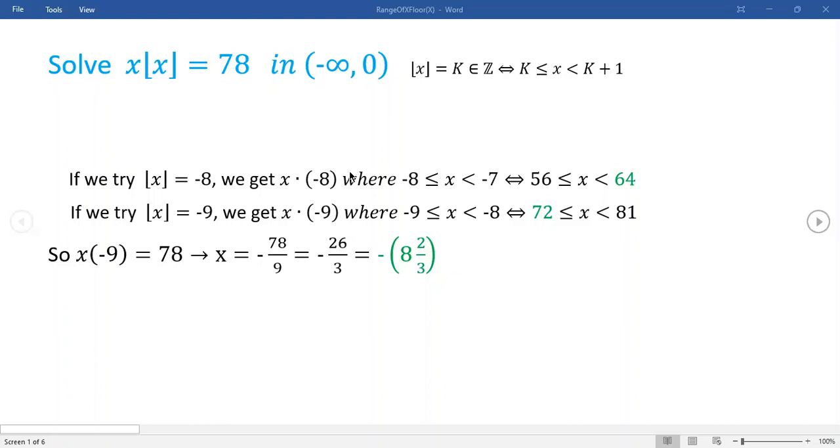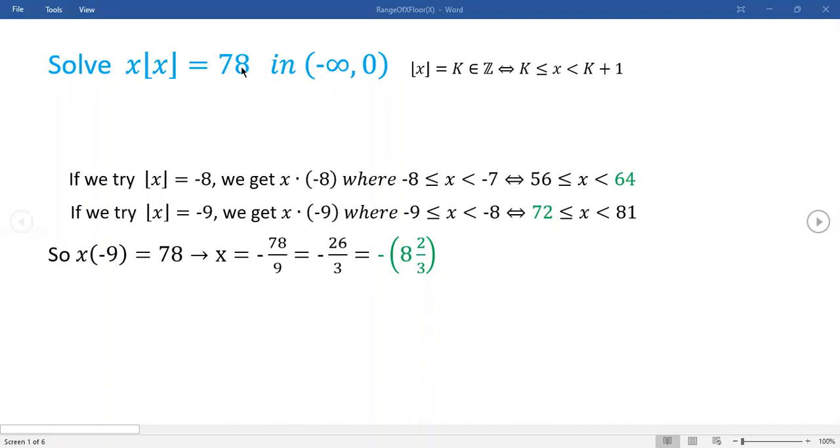Okay, so now notice what happens here. I multiplied through by negative 8, and we switch the inequality. Remember, if you multiply through by negative 8, it reverses the sense of the inequality. And so we end up with 56 is less than or equal to x is less than 64. Now, what's the import of that?